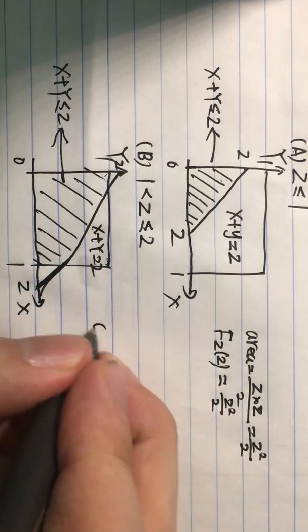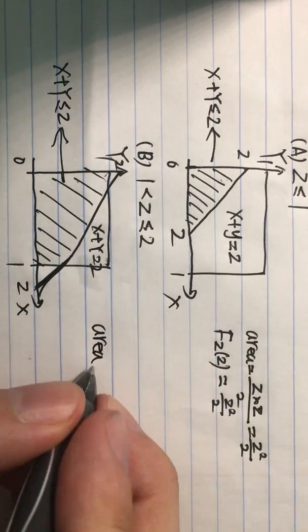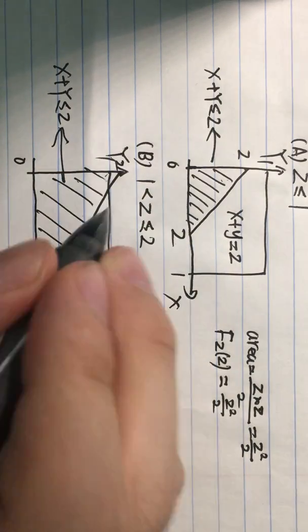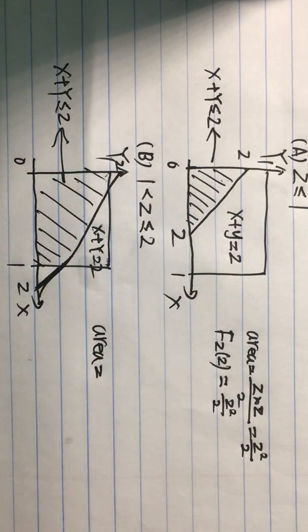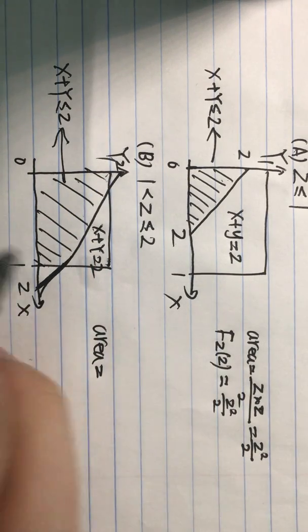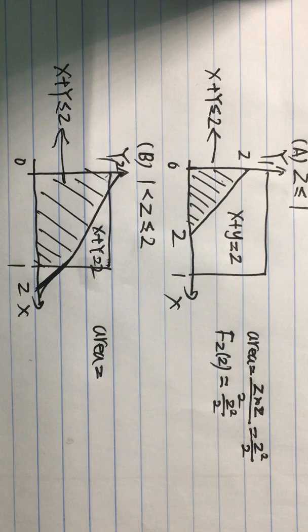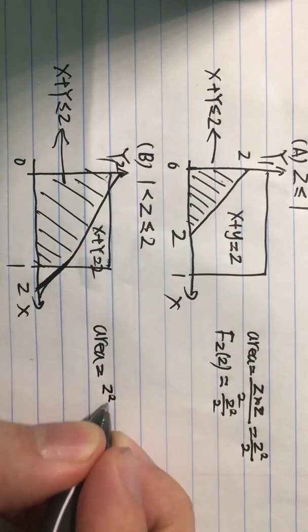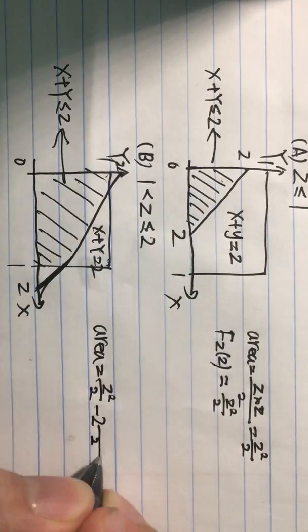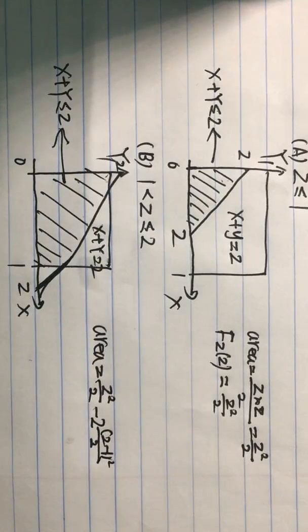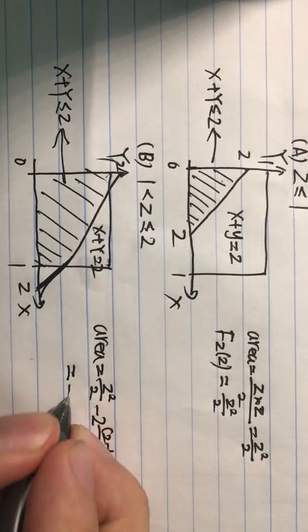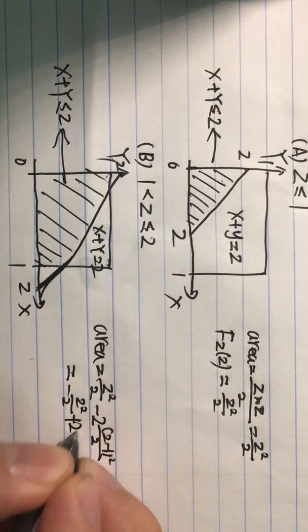This region equals this big triangle minus 2 times the smaller triangle. So it should be this.